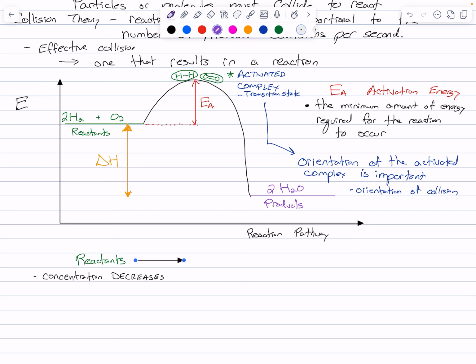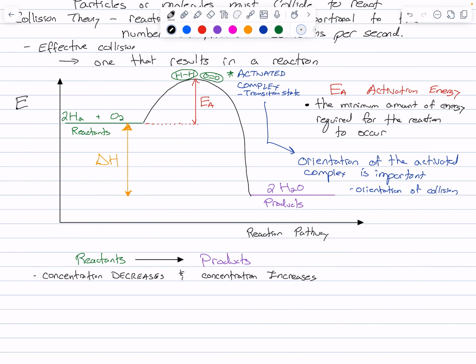And for the products, whatever our products are, the concentration or amount increases with time. It's a rate.